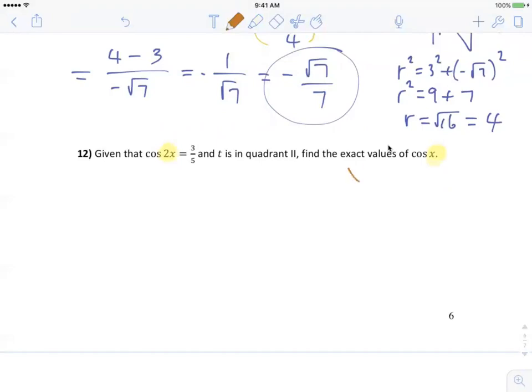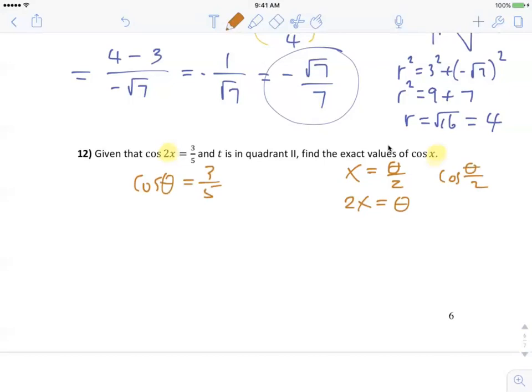What if we just let x equal theta over 2, right? Then notice if you manipulate this, multiply both sides by 2, 2x is equal to theta. Right? So in terms of theta, this is cosine theta is 3/5. And then we're trying to find cosine of x, we replace with theta over 2. Right? So you see how that's a half angle expression.